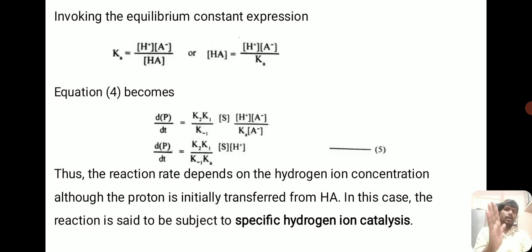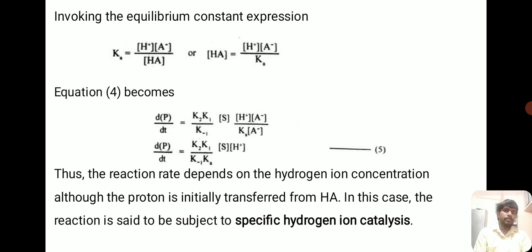So, after invoking the equilibrium constant, the expression is like this: Ka is equal to [H+][A-] over [HA]. Or this can be written as [HA] is equal to [H+][A-] over Ka.